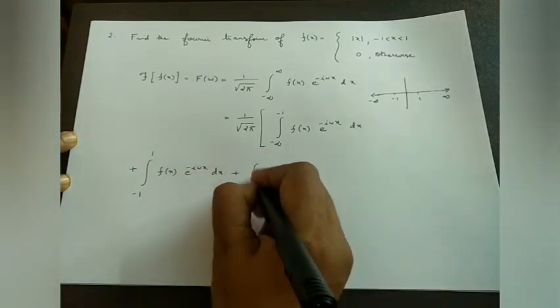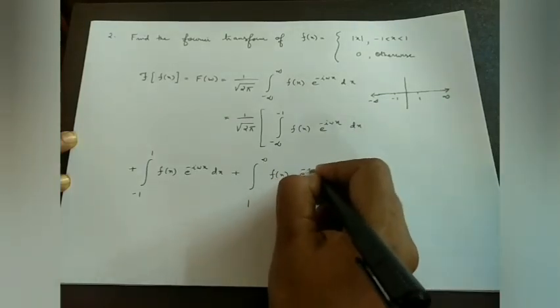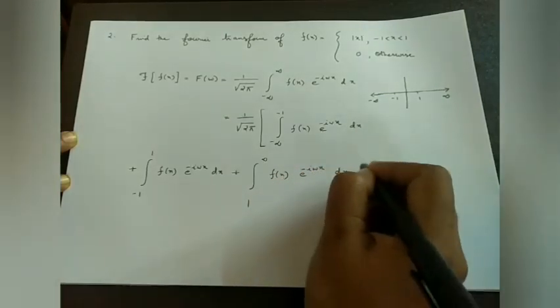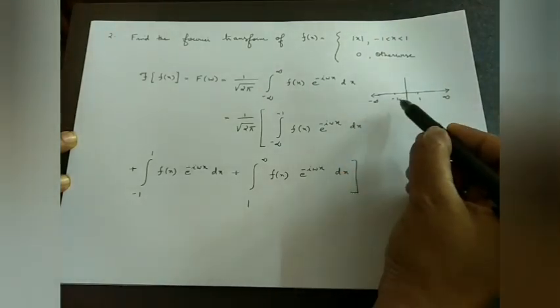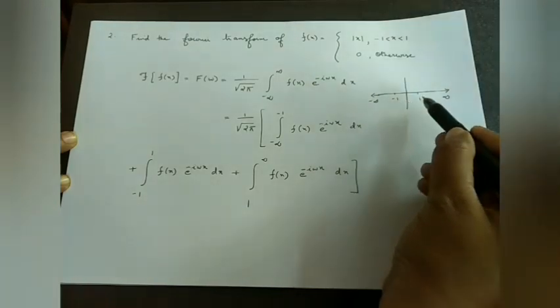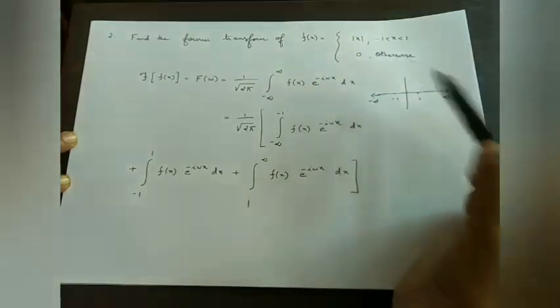Then from 1 to infinity, f of x e raised to minus i omega x dx. Here I am dividing the interval into 3: minus infinity to minus 1, minus 1 to 1, then from 1 to infinity.